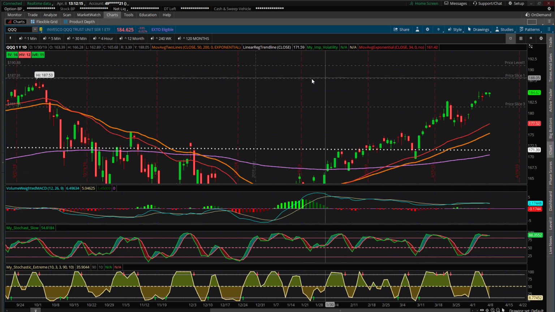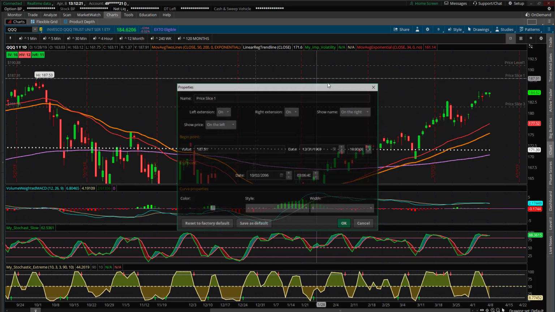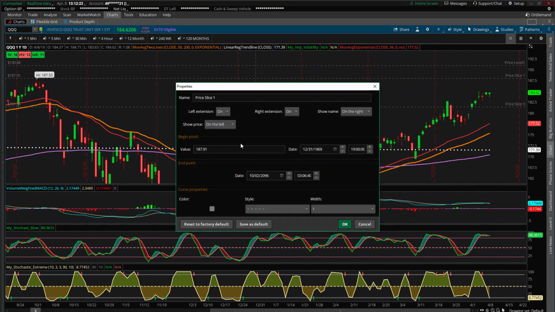Now, you can just apply a price slice to your chart, right click on it, edit properties. Now within this box, you can choose the settings that you want and then save it as default. And the next time price slices are set to your chart, it will show up the way that you've got it set to show up from now on.